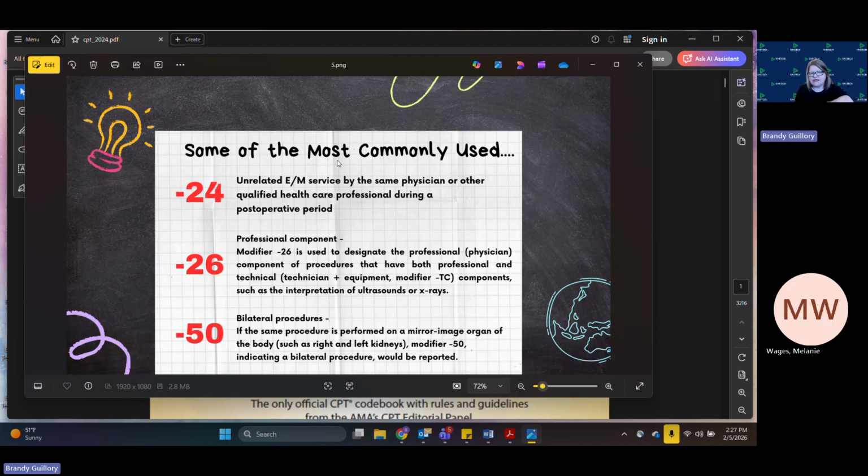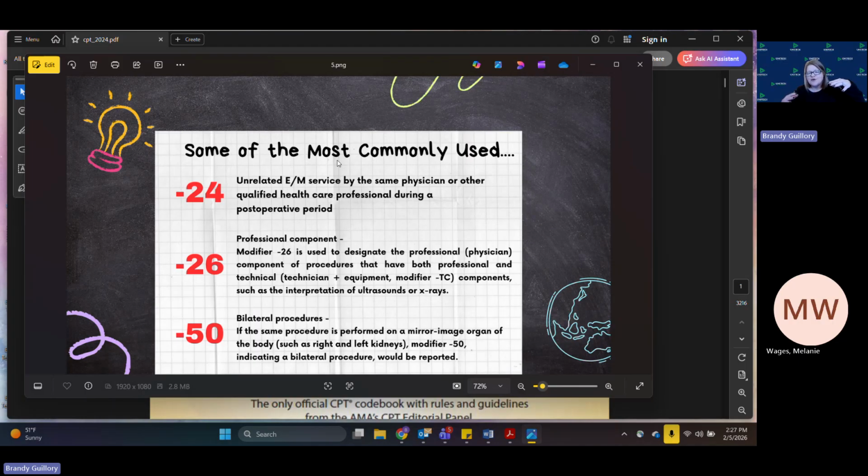It has to be the same group of doctors, okay? And when we start talking a little bit more about insurance and how doctor groups and NPIs and different things are set up, we'll get more into that.